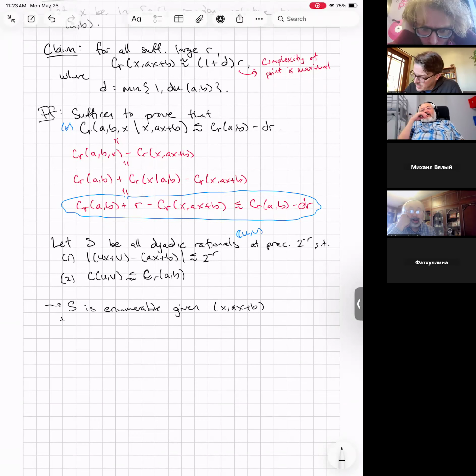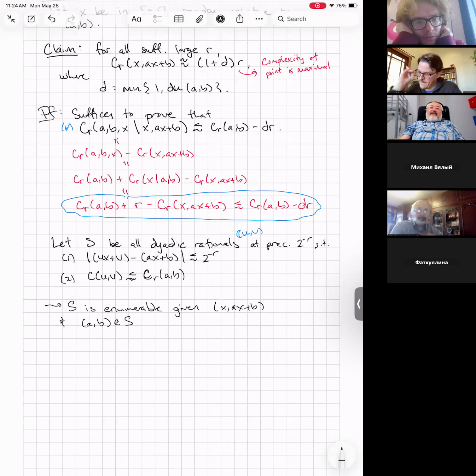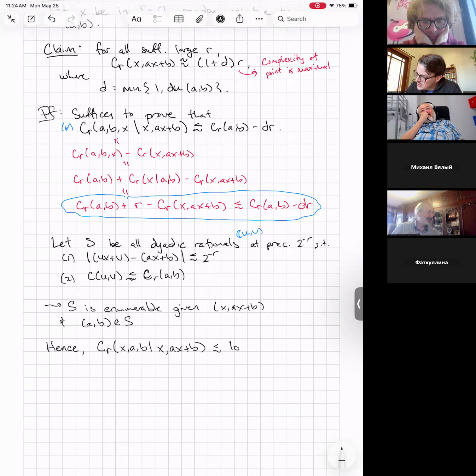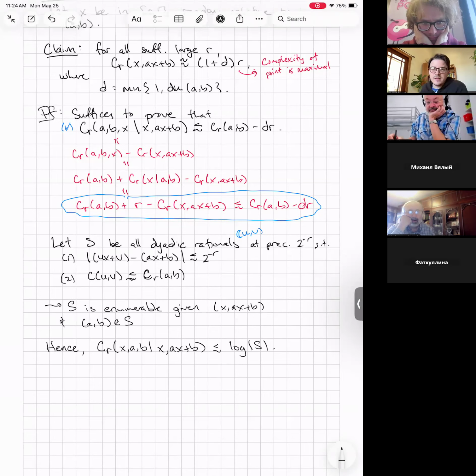It's enumerable, and importantly, a, b is in S. When I say a, b is in S, I mean a dyadic approximation of a and b is in S. Hence, the number of bits needed to describe a, b is at most log of the size of S. So for the usual Kolmogorov complexity, if the point I care about is in an enumerable set, then the number of bits needed to describe that point is at most log of the cardinality.